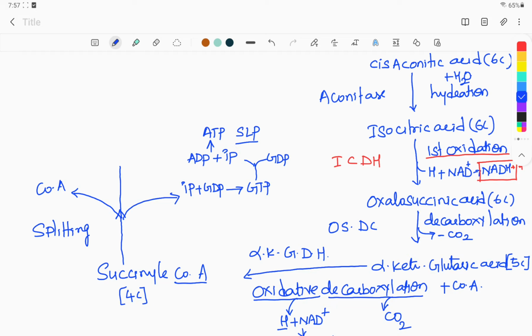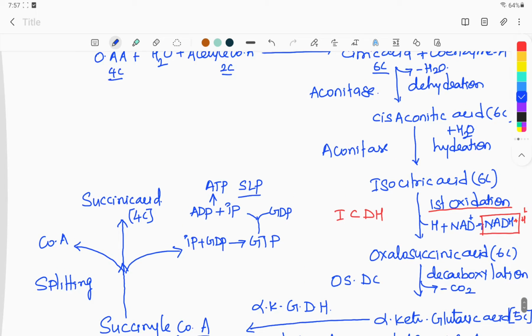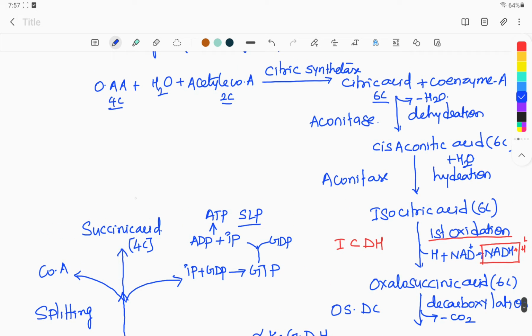So after formation of the GTP and liberation of CoA, the remaining thing that is formed is succinic acid, which is a 4-carbon organic acid. Now this succinic acid will form into fumaric acid.